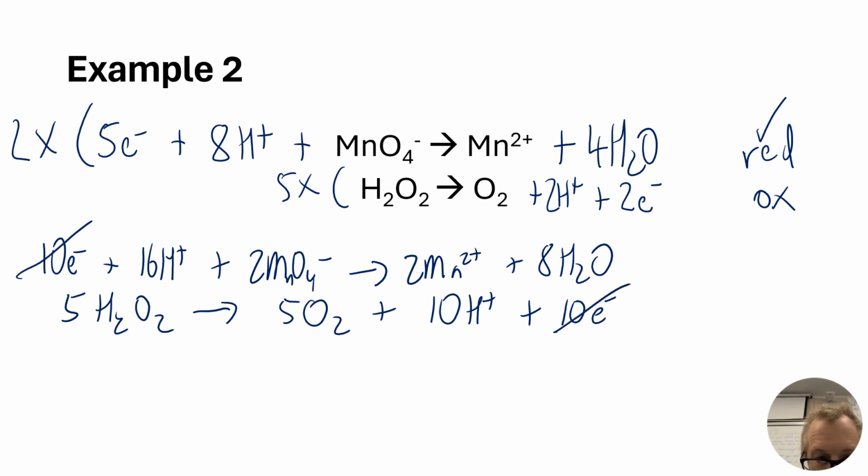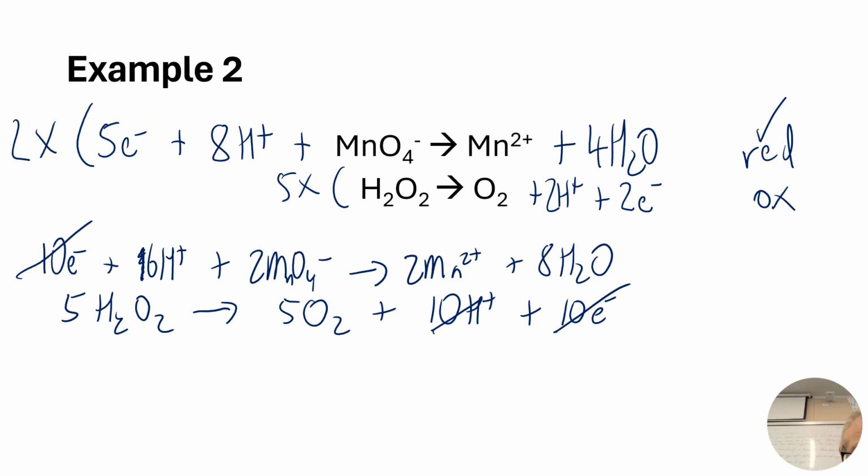The only other common thing in this is just the hydrogen ions, because it's H2O2 and water, they're different things. So I've got 10 on the right hand side and 16 on the left, so I'll cancel 10 off each.